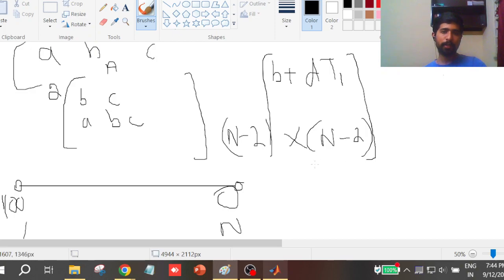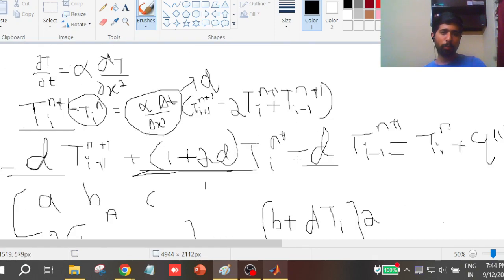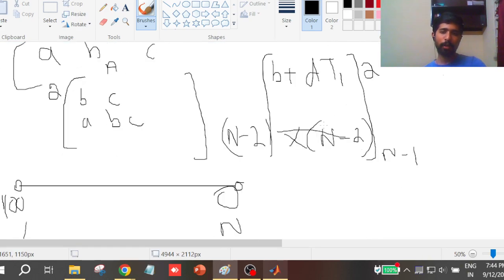Similarly, when we go to n minus 2, n minus 1, sorry, this is 2 to n minus 1, so the number of elements will be n minus 2. In the last one also you will put this, this is I plus 1, no? Because you know Tn, when you come to n minus 1 you put it on the right hand side, as b into Tn.